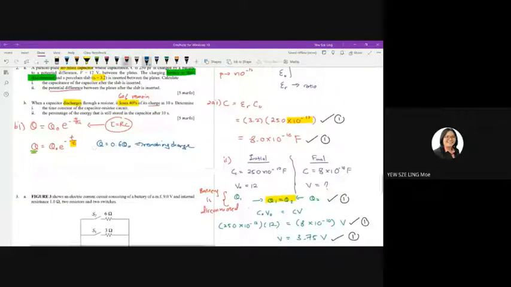So if you substitute it into the equation, then you have 0.6 Q naught equals Q naught exponential negative t over tau. Q naught and Q naught, you can cancel out. That is how we remove the unwanted quantity in our equations. So rearrange the equation: ln 0.6 equals negative 10 over tau, where 10 seconds is given.